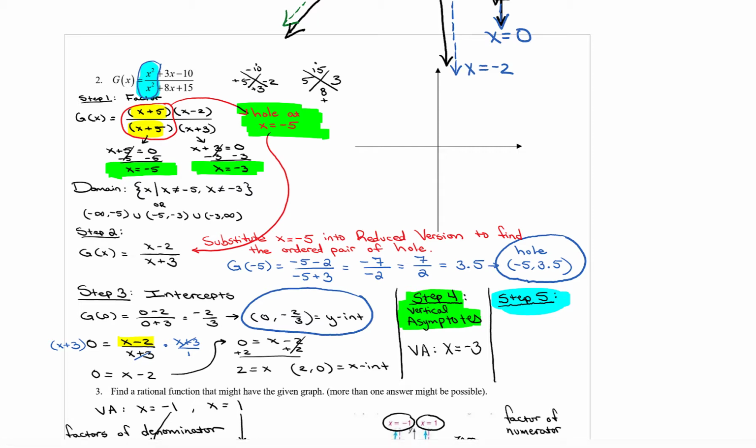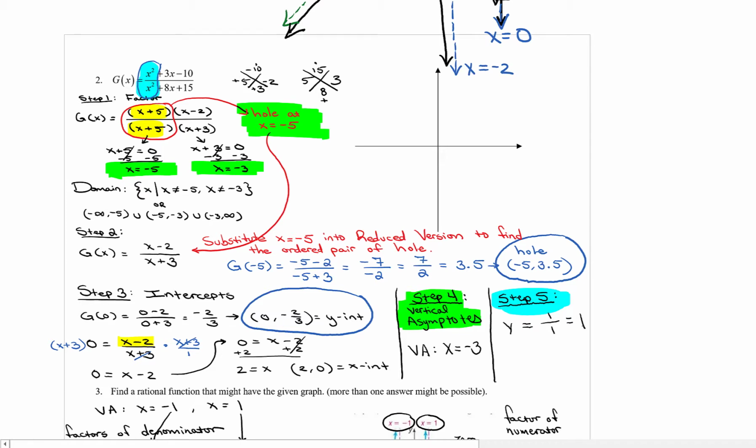So we said when they both have the same degree, when n is equal to m, remember we were talking about this in the last section, this means you have a horizontal asymptote. You're going to take the coefficients, which in this case is a 1 for the x squared in the numerator and the 1 for the x squared in the denominator.